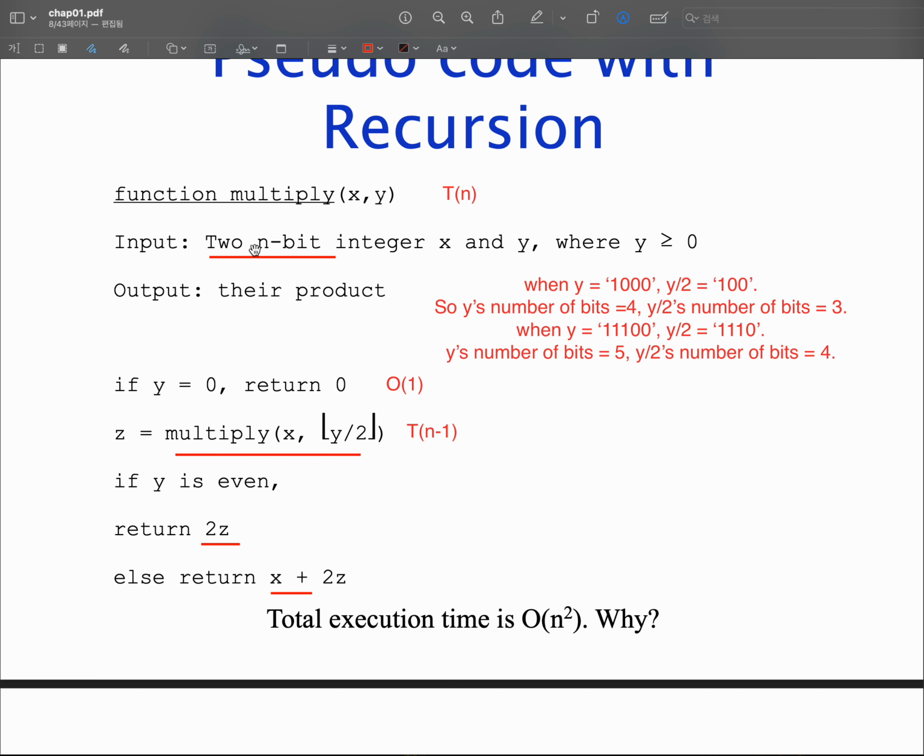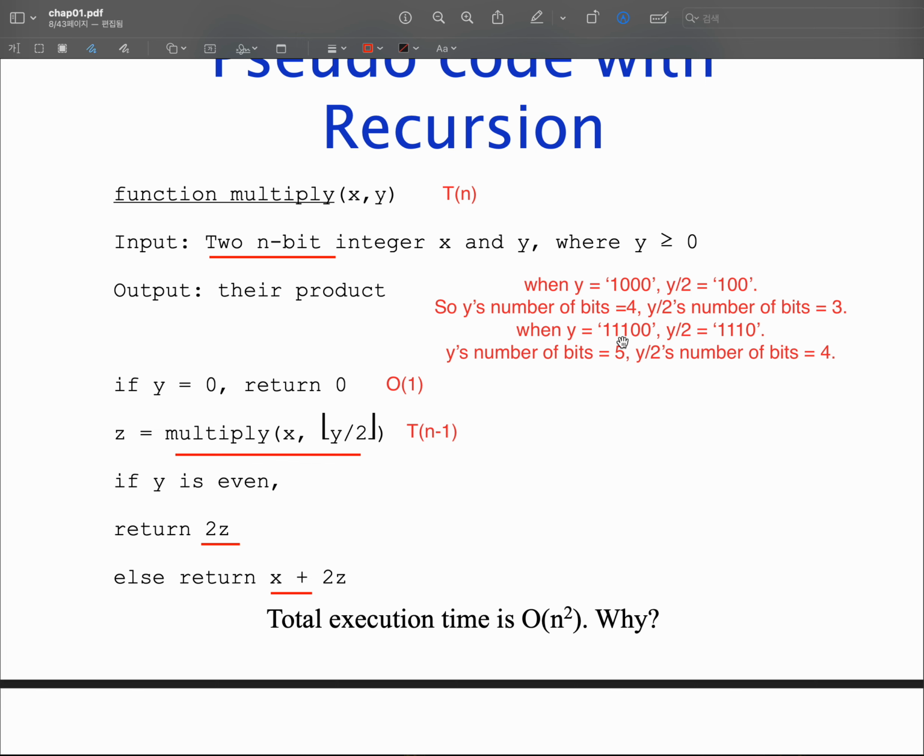Because the input is a 2n-digit, n-bit integer, input to n-bit integer, okay? X is n-bit, y is n-bit, and if you divide a certain number by 2, then the number of bits gets lessened by 1, okay? It can decrease by 1. So here is the example. When y equals 1, 0, 0, 0, then y by 2 is 1, 0, 0, okay?